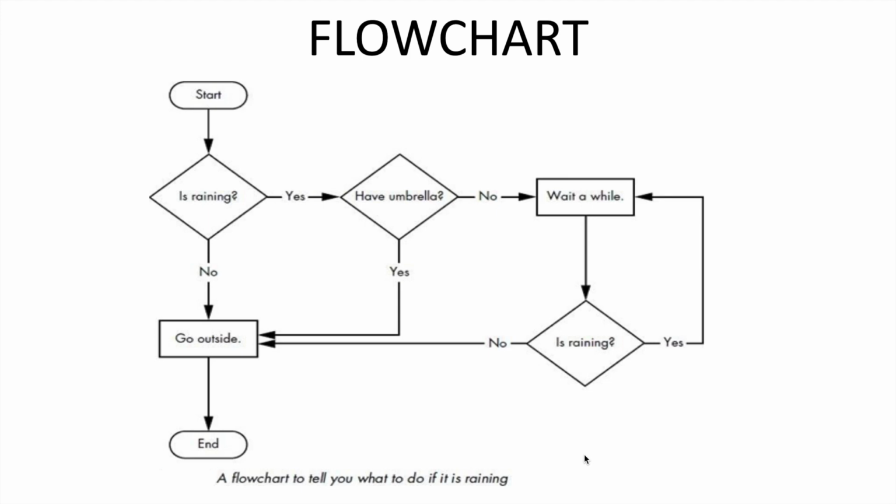If it's raining and you don't have an umbrella, you should wait a while, until it stops raining. So I can decide which instructions to execute first and which instructions to execute next. That is nothing but flow control in Python.